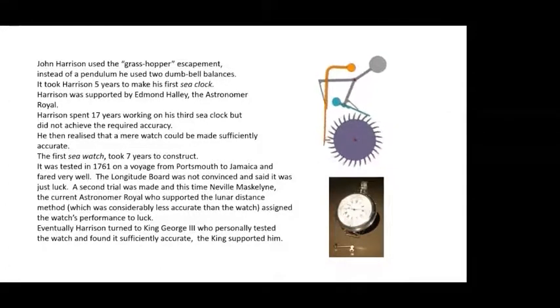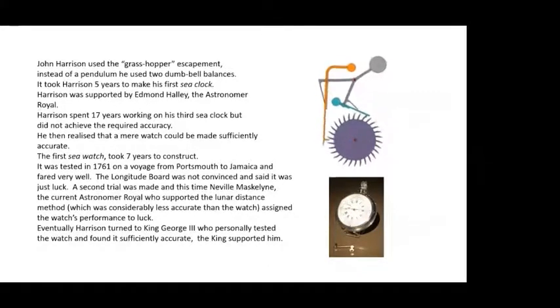A second trial was made of the same watch, and this time Neville Maskelyne, the current Astronomer Royal at the time, who actually very well supported the lunar distance method and drew up the Nautical Almanac, went along to assess the accuracy of the watch.